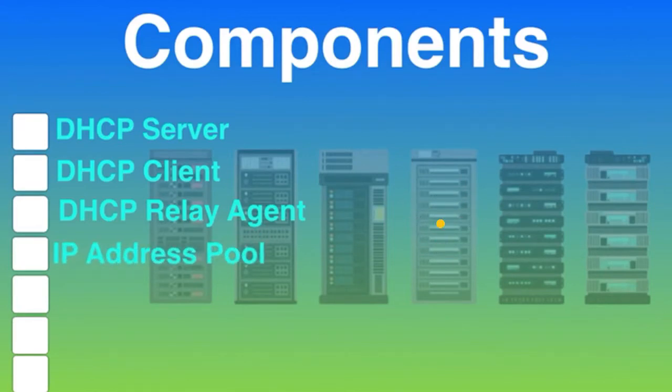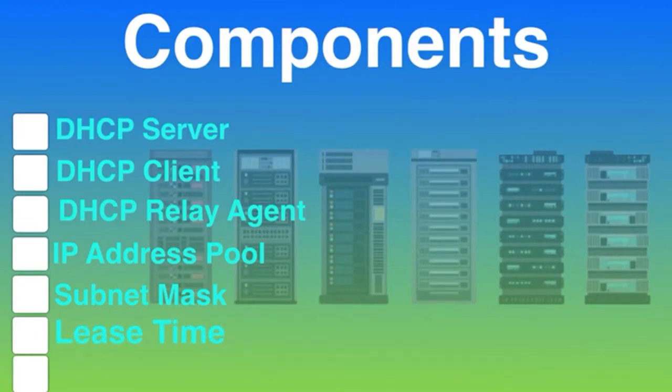Fourth one is address pool. It contains the list of IP addresses which are available for assignment to the client. Fifth component is subnet mask. It tells the host in which network it is currently present. Let's talk about the next component, lease time.